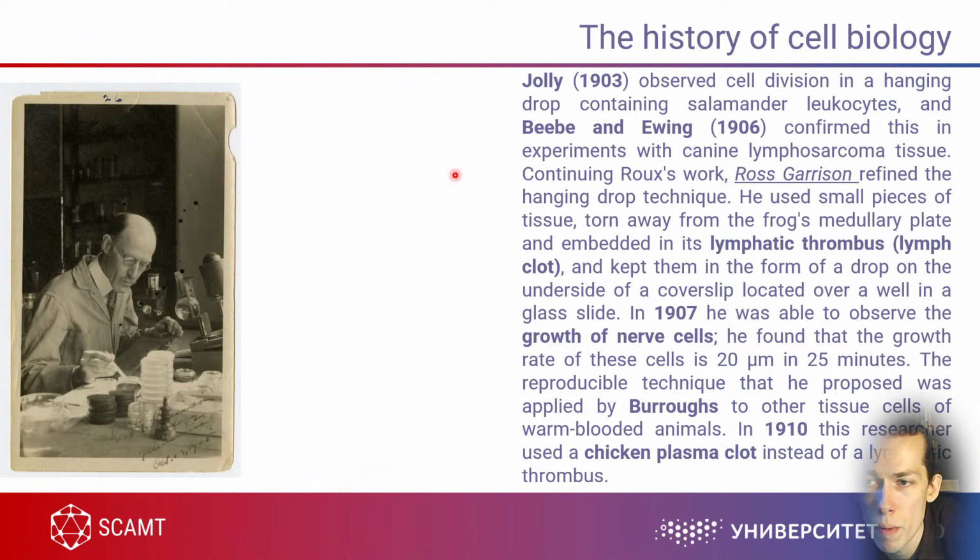Hanging drop is when you have, for example, a cover glass and you put a drop on its surface. If you put it upside down, the drop is held by capillary forces, and this is called a hanging drop.